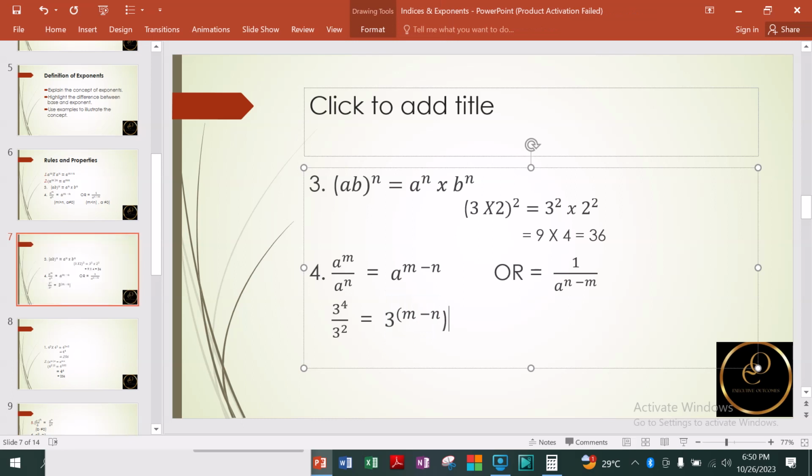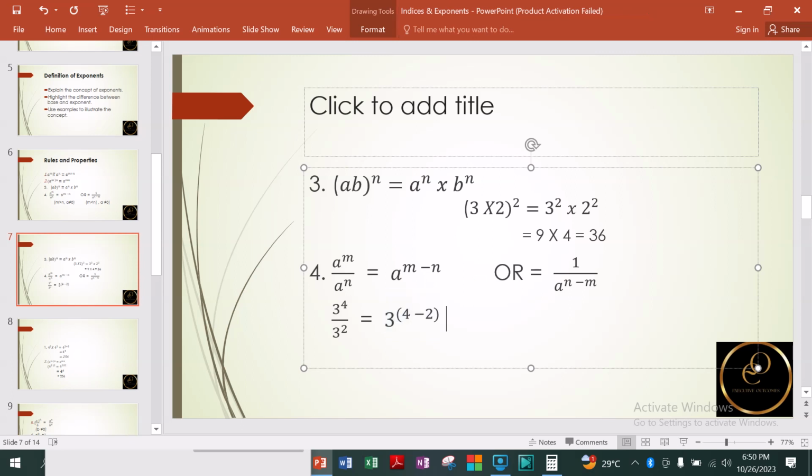So meaning you look at the first M. The power is 4. Then you have the N, which is 2. Remember? That's what we have.